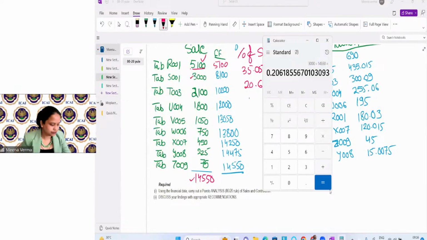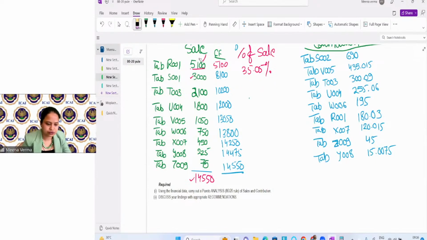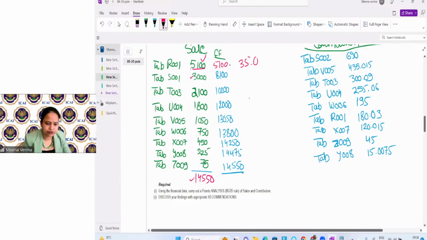Next value will be, no, I'm so sorry. This will be, give me 1 minute, 2100 divided by 14550. This is the first value.